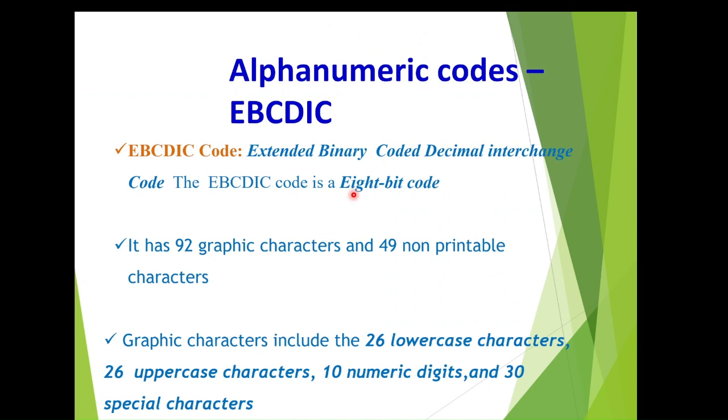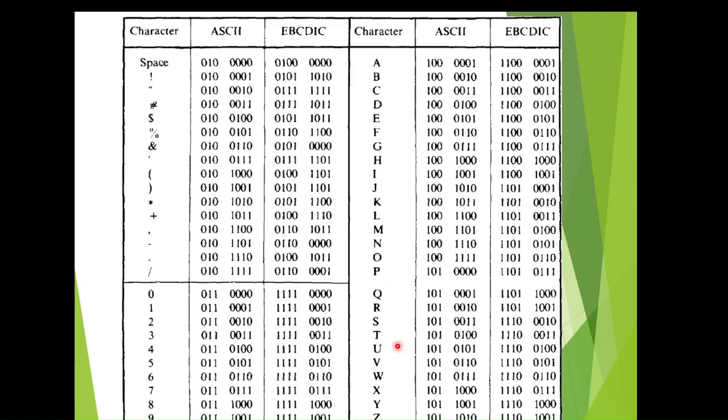The next alphanumeric code is the EBCDIC code, that is Extended Binary Coded Decimal Interchange Code. It is an 8-bit code, but since we are using BCD, we have only 92 graphic characters and 49 non-printable characters. Again, graphic characters include 26 lowercase characters, 26 uppercase characters, 10 numeric digits, and 30 special characters.